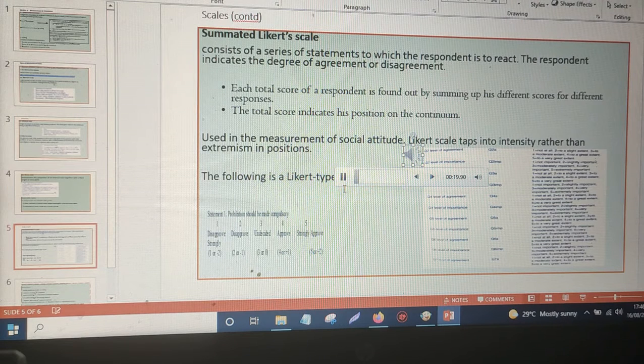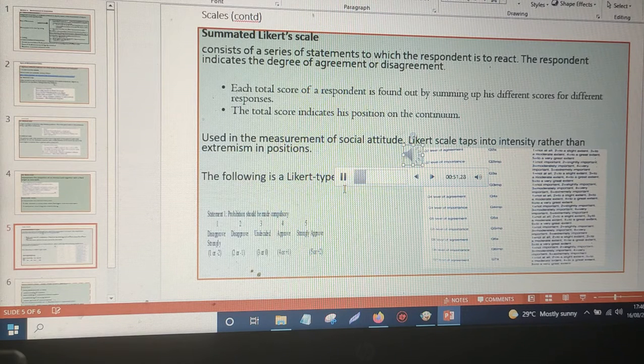For instance, if what you are measuring is approval to a particular query, then you can label it like this: strongly disapprove 1, disapprove 2, undecided 3, approve 4, strongly approve 5.